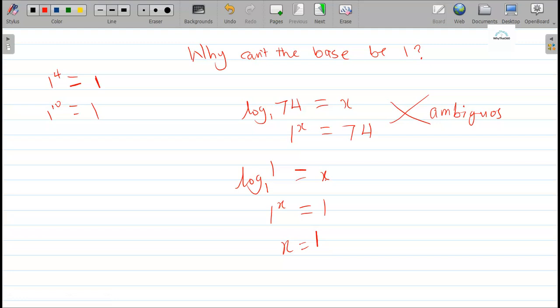Because when you raise a positive number to any power you get a positive number.